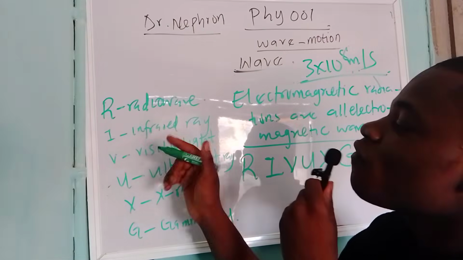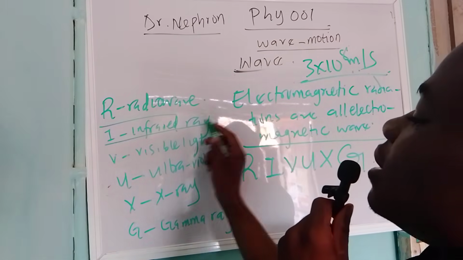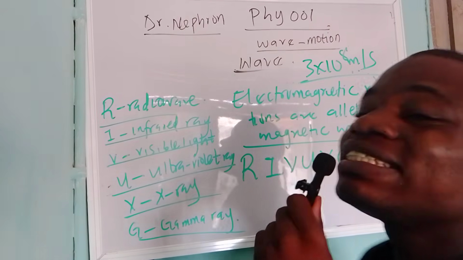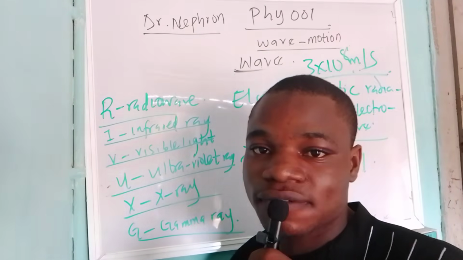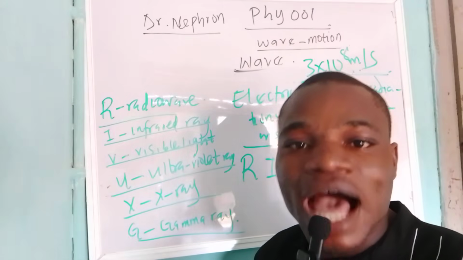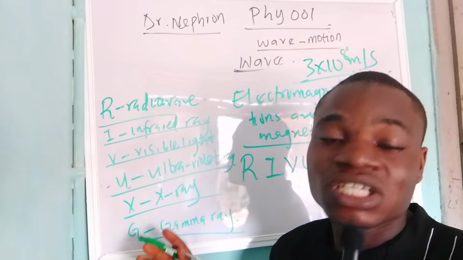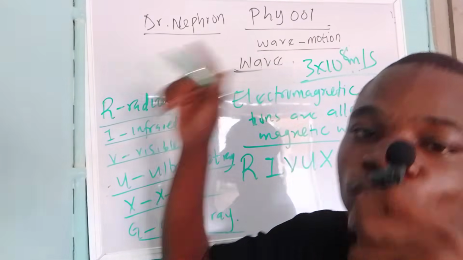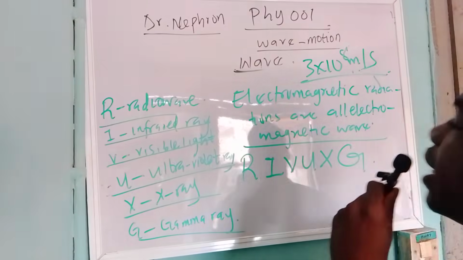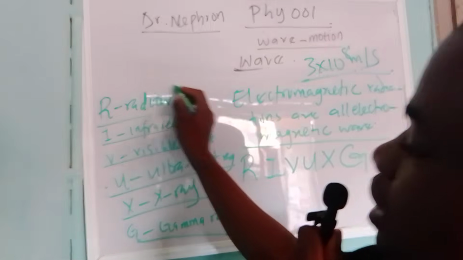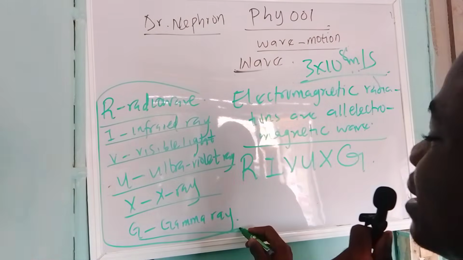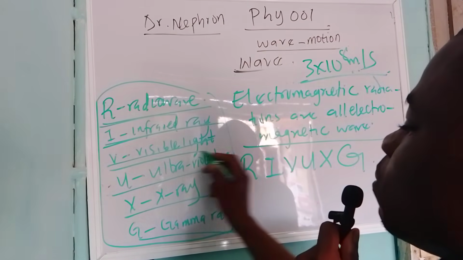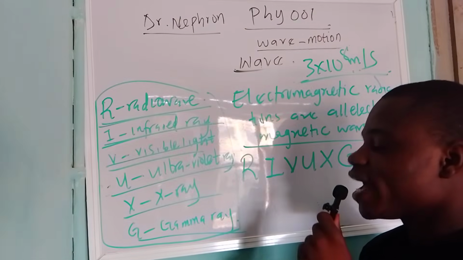So radio wave, infrared ray, visible light, ultraviolet ray, X-ray, and gamma ray all travel at the same speed of light in a vacuum, and they undergo polarization. All these are examples of electromagnetic waves.